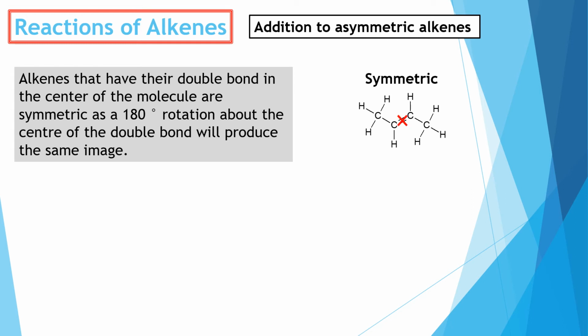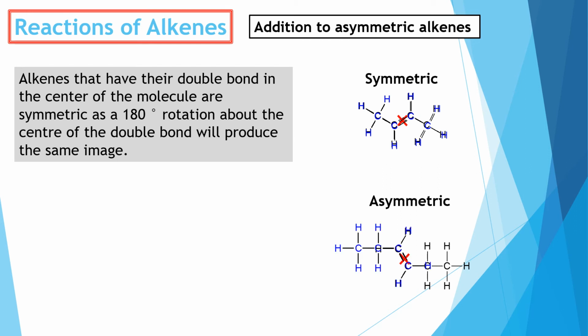And then what I do is I do in my mind a 180-degree rotation. And if the 180-degree rotation fits in the same place as it was originally, then that molecule is a symmetric molecule. If I put the X on and I do the 180-degree rotation and it doesn't fit in the same space, it's an asymmetric molecule.